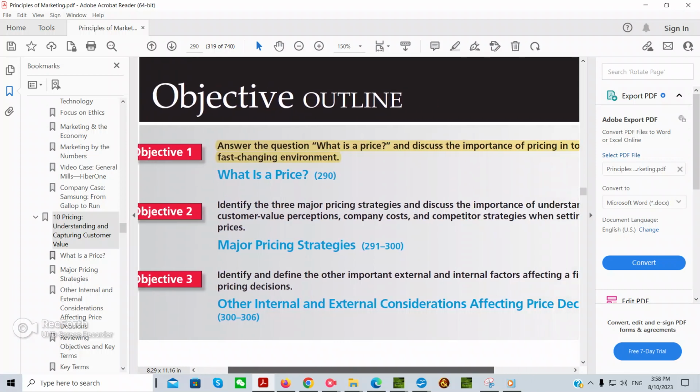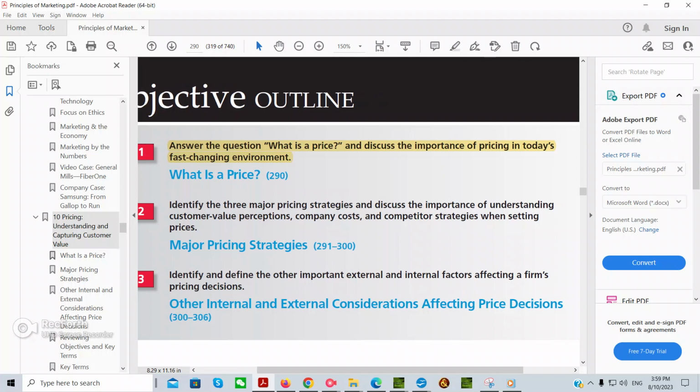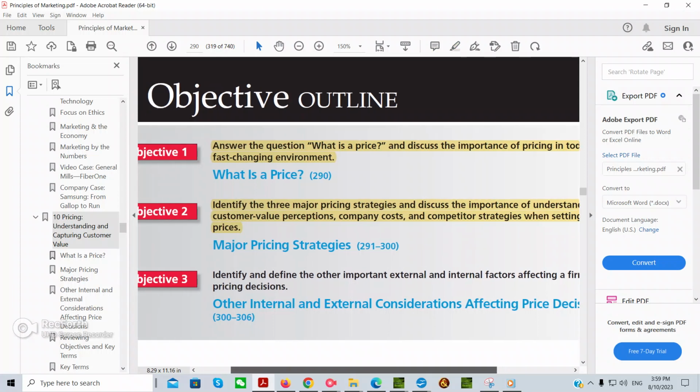Now, that is simply what is a price. Objective number two, identify the three major pricing strategies and discuss the importance of understanding customer value perceptions, company costs, and competitor strategies when setting prices. That is the major pricing strategies.